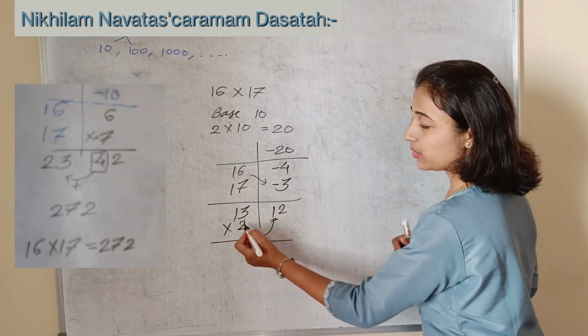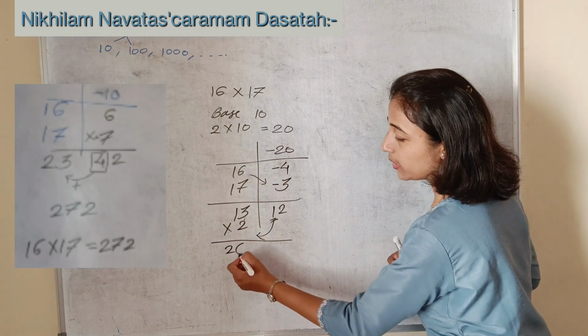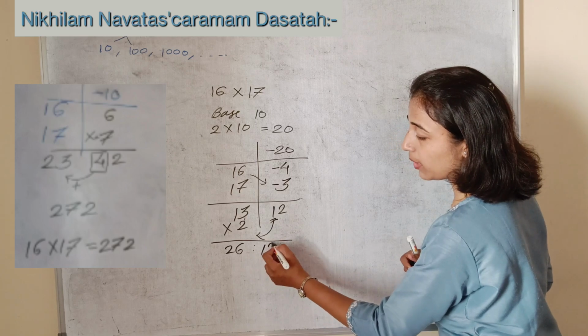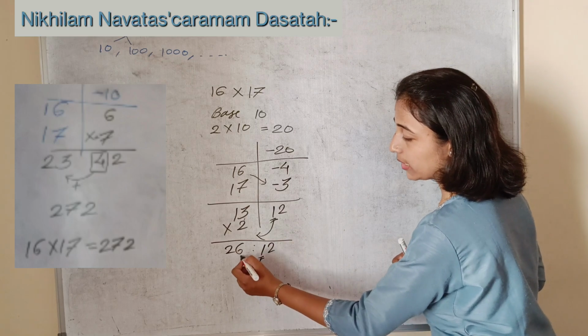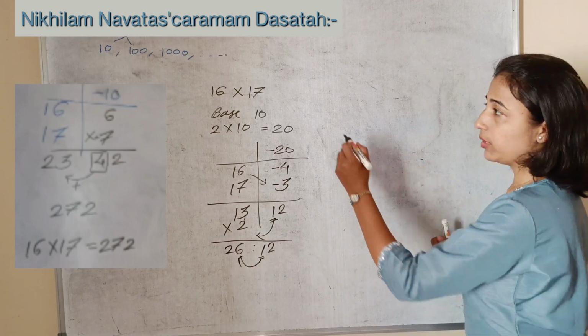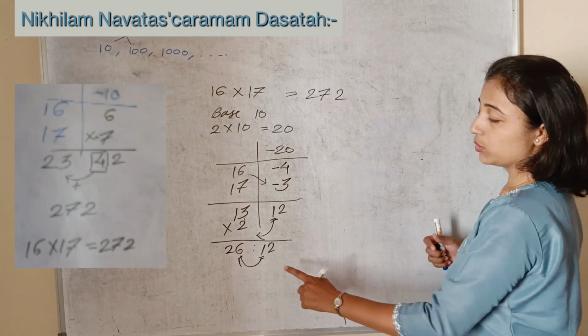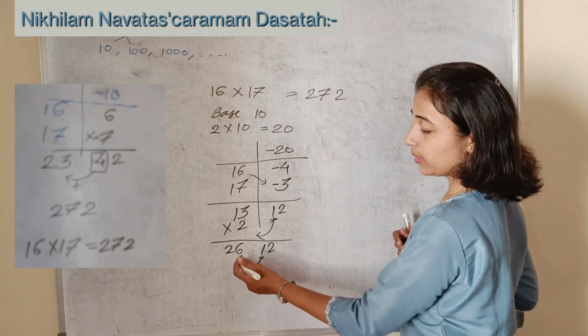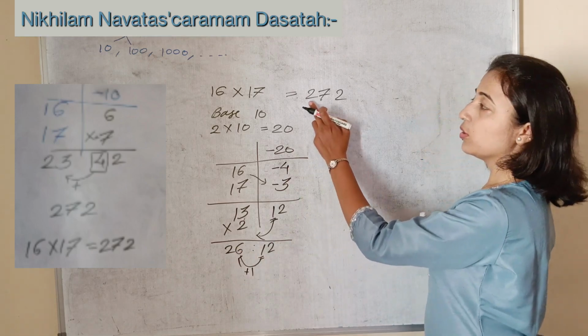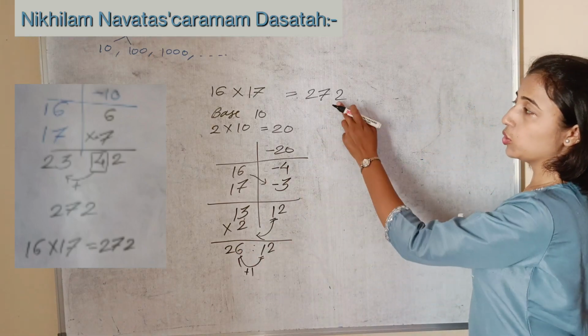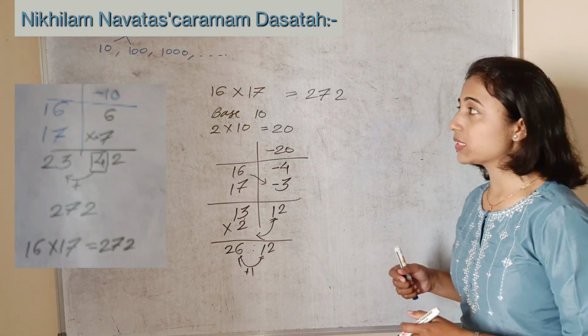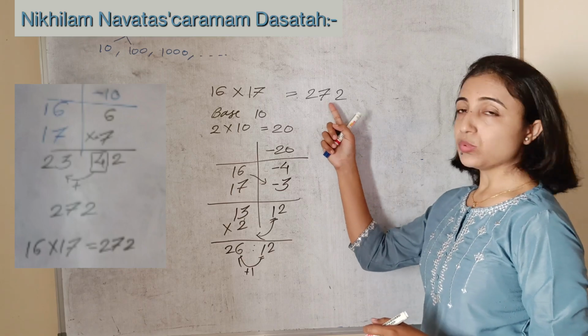So multiply 13 by 2, it gives 26, and our previous answer 12 contains 1 as extra, which we add to the next number. So it is 272. So this 1, if we add to the 26, it gives the answer 27, and this 2. So that's why the product of 16 and 17 is 272.